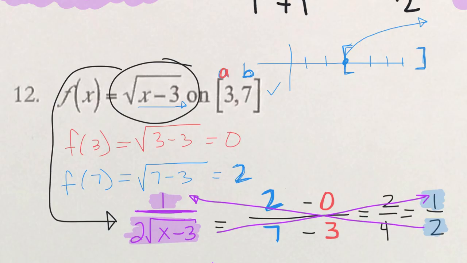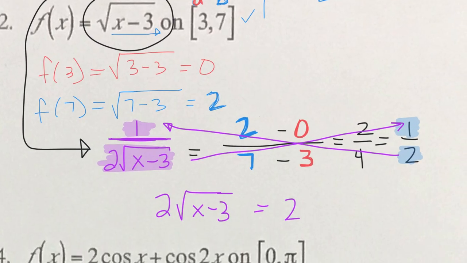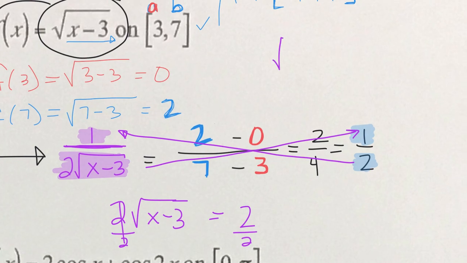So what's my next step in solving this equation? Divide by 2, right? Divide by the 2 in front of my root. And I get root x minus 3 needs to be equal to 1. Okay? Our next step in solving this would be squaring both sides, right? I square to get rid of a square root. What's the square root of 1?